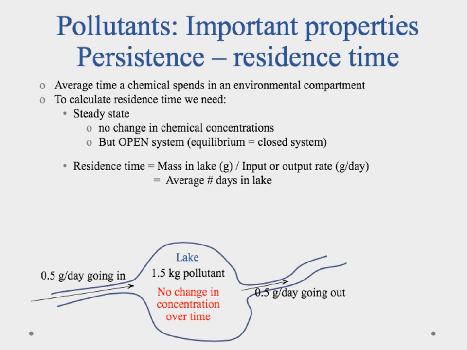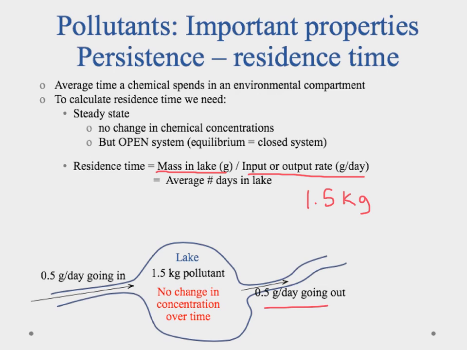So if you have steady state, then you can calculate residence time, and it's pretty straightforward, I hope. So you use the mass in the lake and you divide it by the input or output rate, it doesn't matter, they're the same. And this will give you the average number, in this case, of days that a molecule of pollutant stays in the lake. So if we were just to do that right here, figure out the residence time, we'd have 1.5 kilograms.